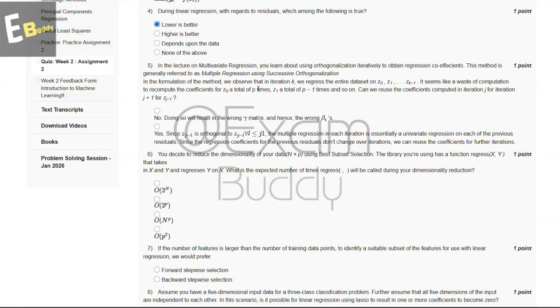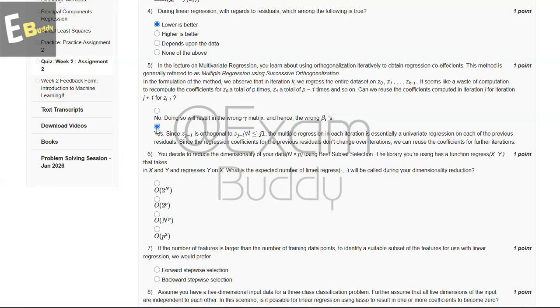It seems like a waste of computation to recompute the coefficient for z0 a total of p times, z1 a total of p minus 1 times, and so on. Can we reuse the coefficients computed in iteration j for iteration j plus 1, for j up to z_{j-1}? So these are the options, and the answer of our fifth question is B.